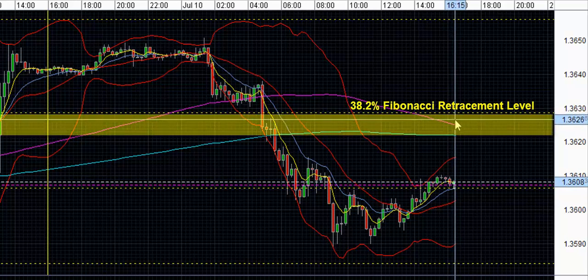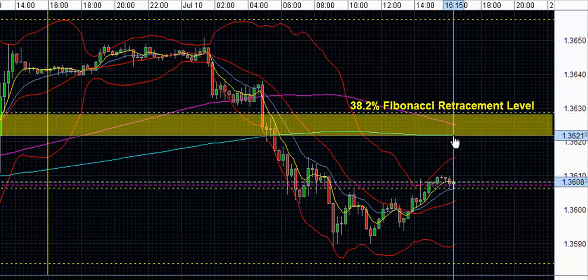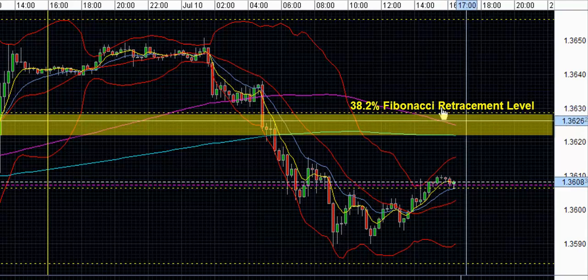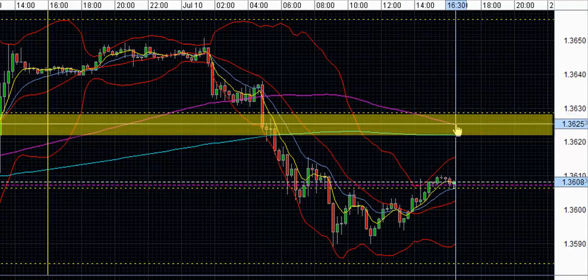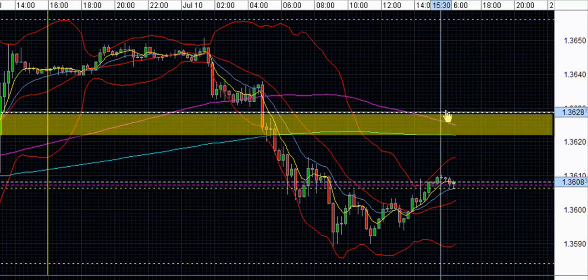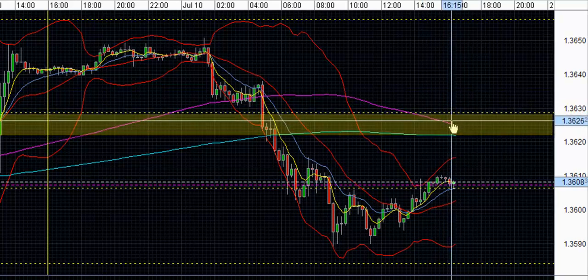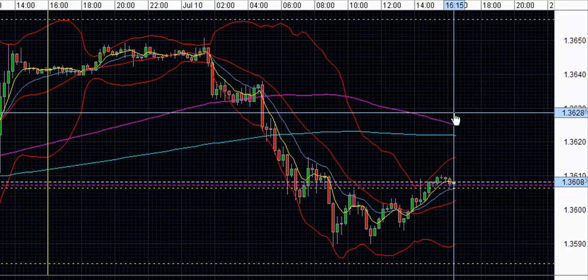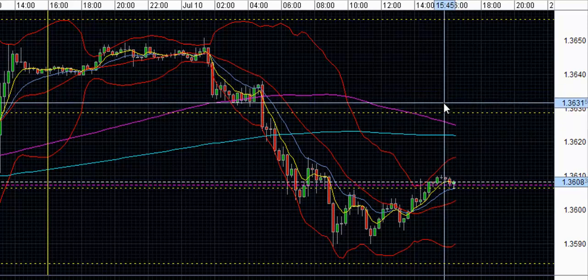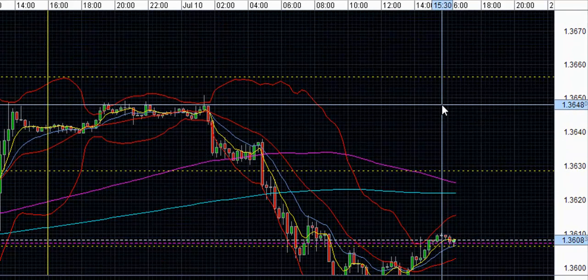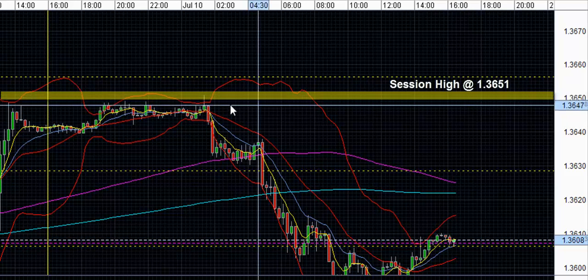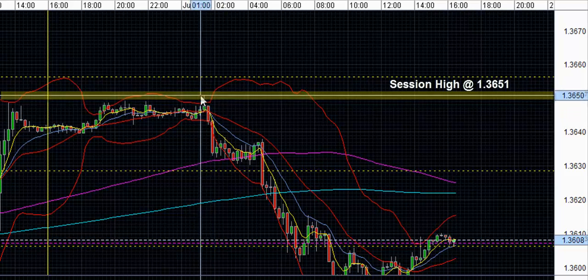So then really this whole zone, this whole range between 36.22 and 36.29 will be an area where we can see offers positioned, and this may be an area of resistance here. So then if price breaks above this zone here, then we can expect some stops to be triggered and for price to make its way back up to the session high at 36.51 and find resistance there.